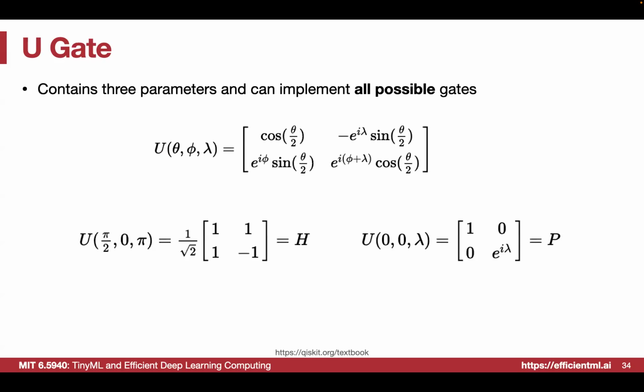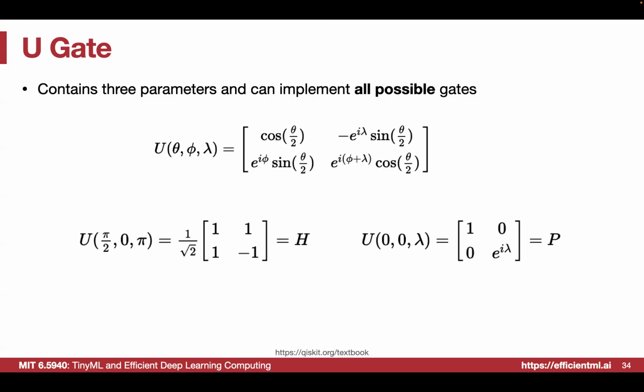After we introduce those specific ones, the most general gate is the U gate, where we have 3 parameters and can implement all the possible gates, right? We can see it contains cosine theta over 2 and multiple other parameters. So in total, we have 3 parameters to control this gate.